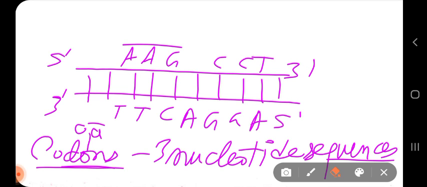Due to which there is a change in the base pair now, and this area is missing. So automatically your codons that code for the amino acid will also change. Now instead of TCC, it becomes CTT here, which will code for a different amino acid.